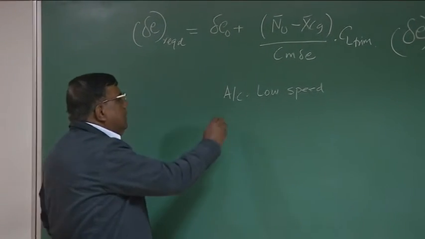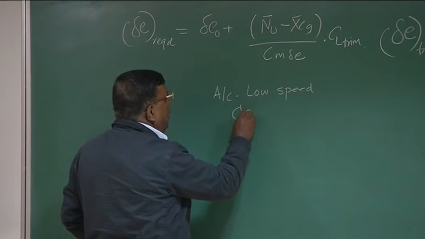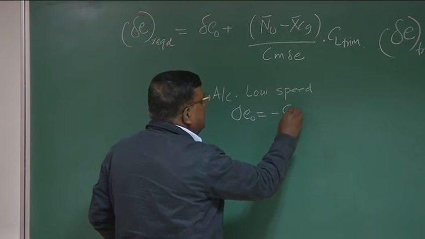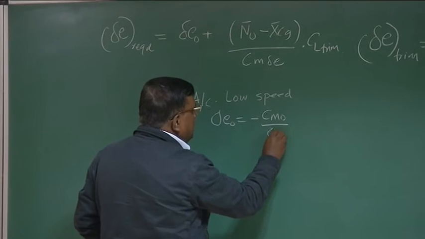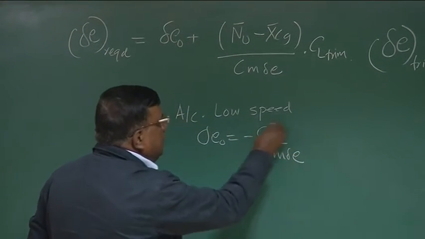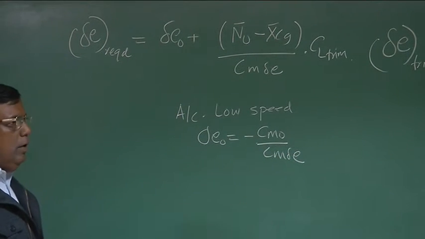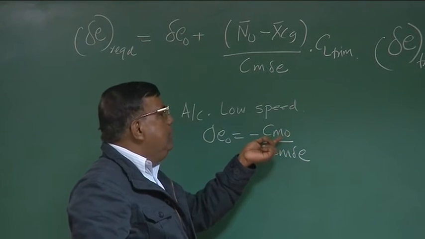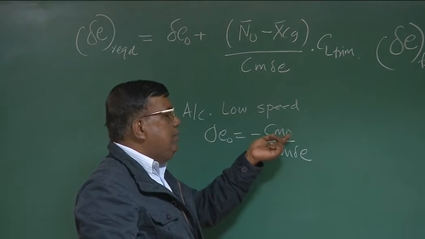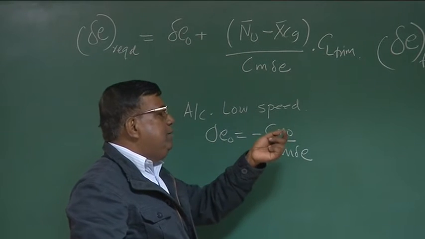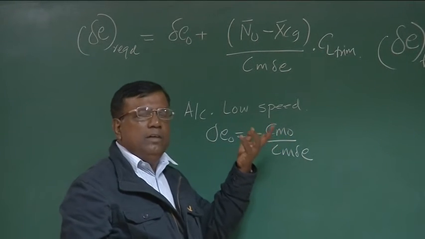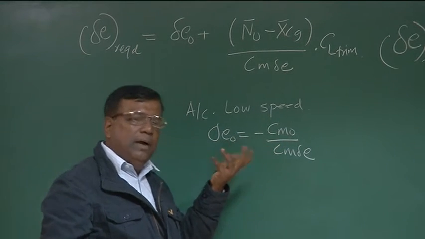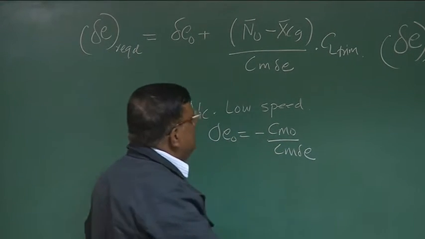So that means I know that delta E naught, which is minus Cm naught by Cm delta E, is also constant. Also, we are assuming that if there is a slight change in the CG, we do not attribute that much change to Cm naught. We are assuming Cm naught is constant, but one can always find out the exact value.